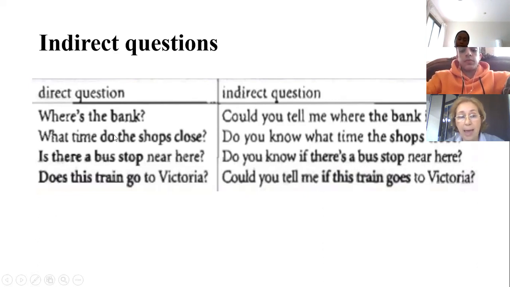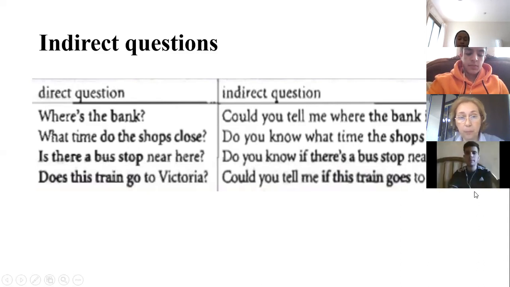We didn't add if in the first two sentences. Could you tell me where the bank is? No if. We just add if when we change the general question. So could you tell me if, and then we do not use does. Then we use the noun, this train, and the verb goes to Victoria.